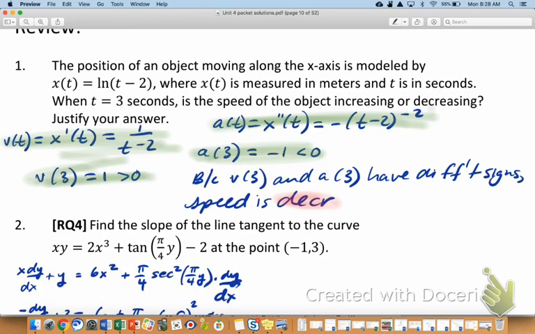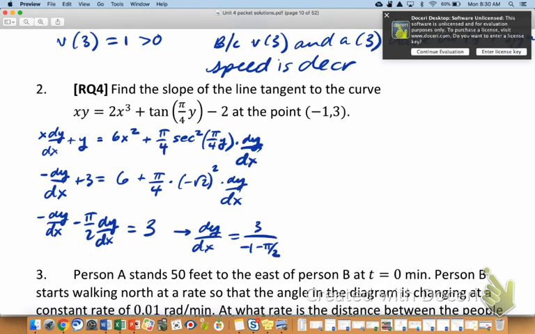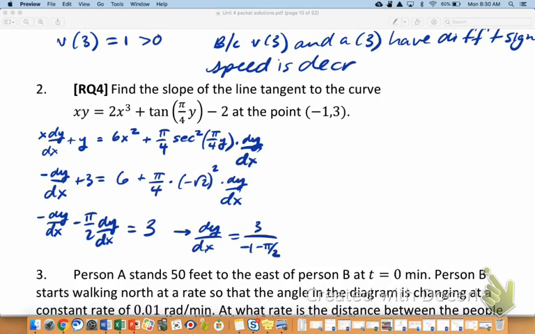Alrighty. So then number 2 was an implicit differentiation question. I ended up with 3 over negative 1 minus pi over 2. Although if you wrote this like negative 3 over 1 plus pi over 2, I'm sure y'all can see that that's the exact same answer.